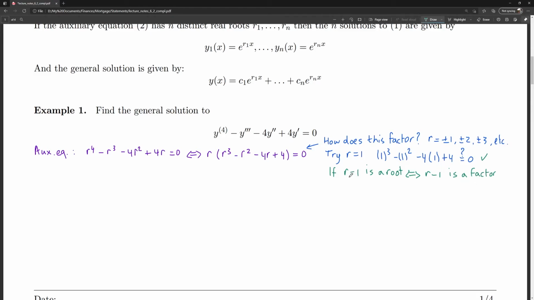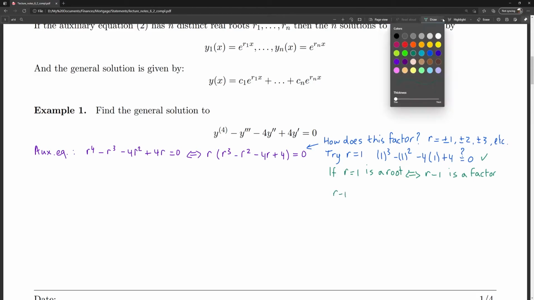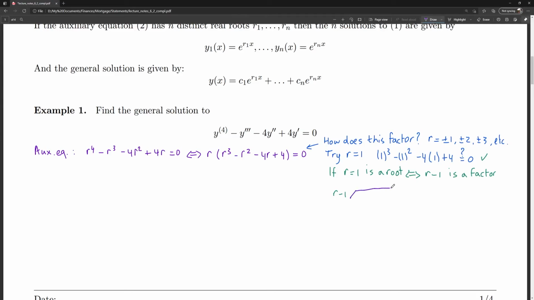If r equals negative 5 is a root, then r plus 5 is a factor. So if that is a factor, we can then use long division. So we take r minus 1 and we're going to divide that into r cubed minus r squared minus 4r plus 4.